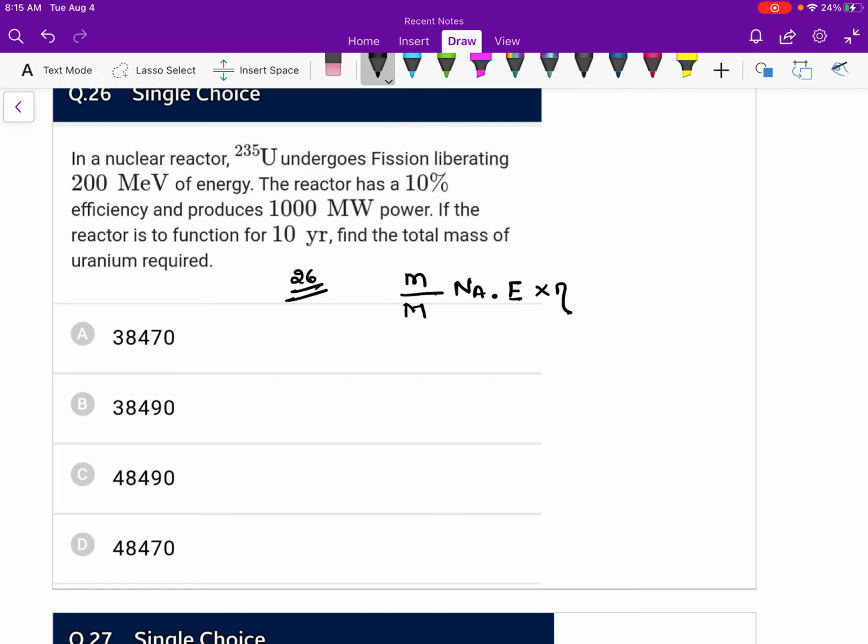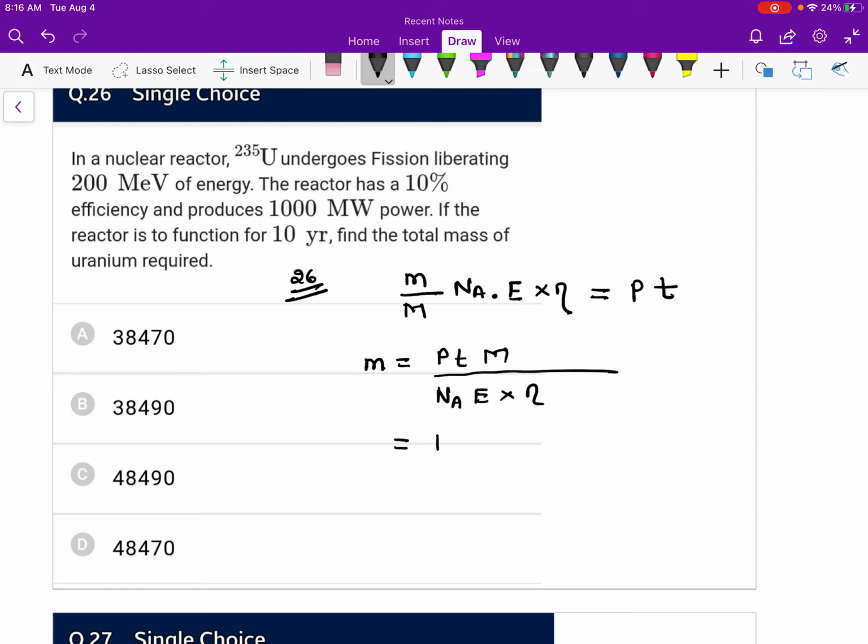Okay, and this total energy released is to be used for time t, so power into t. तो अब हमें स्मॉल एम कैलकुलेट करना है, तो स्मॉल एम इज पावर इंटू टी इंटू कैपिटल एम अपॉन एन ए इंटू कैपिटल ई इंटू एफिशिएंसी.